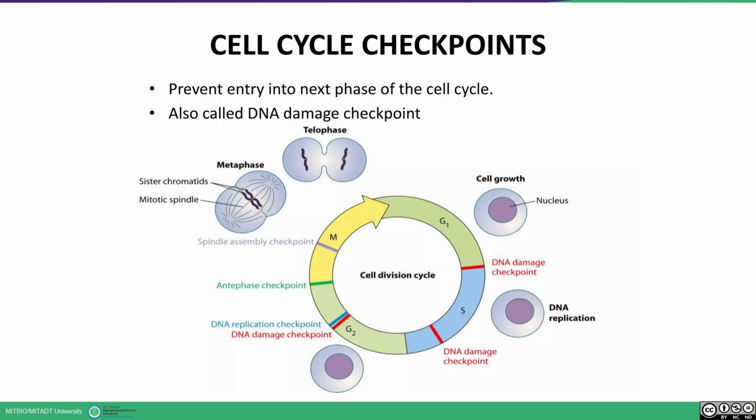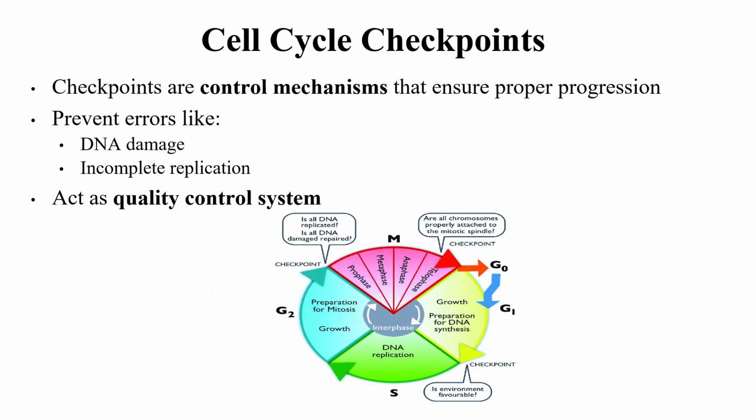That's why we call them checkpoints at every stage of G1, S, G2, and M. They check whether the cell should enter the next phase or not. They prevent entry into the next phase of the cell cycle and are also called the DNA damage checkpoint. Checkpoints are control mechanisms that ensure proper progression.